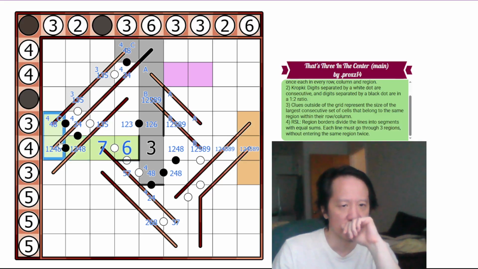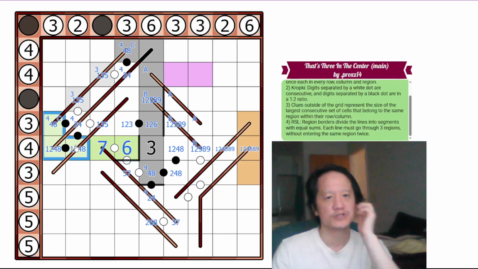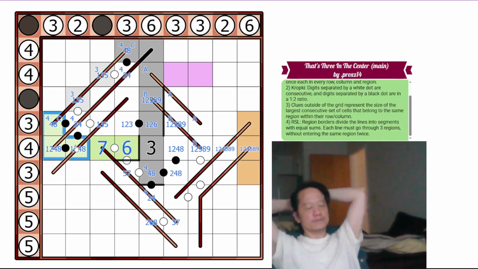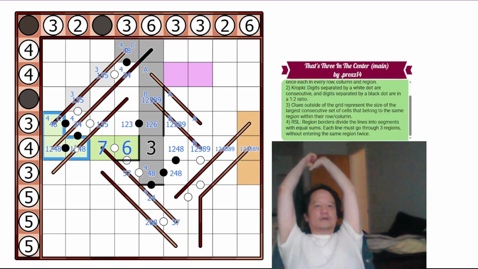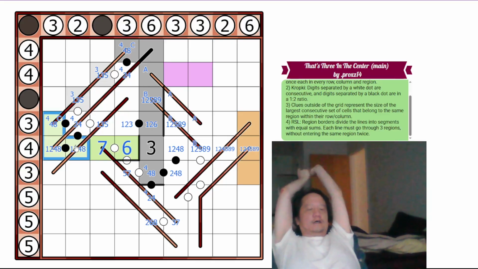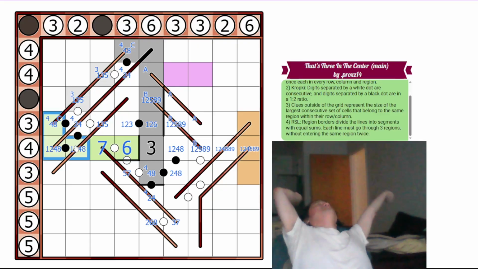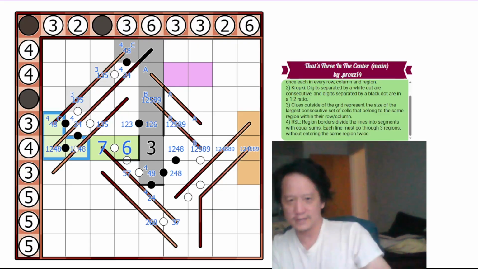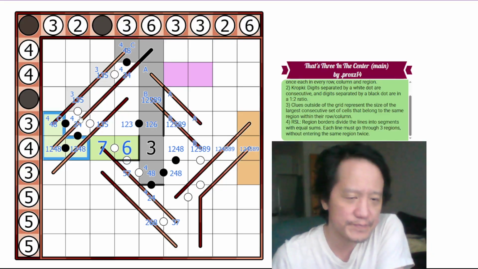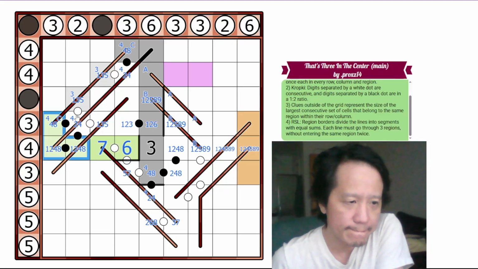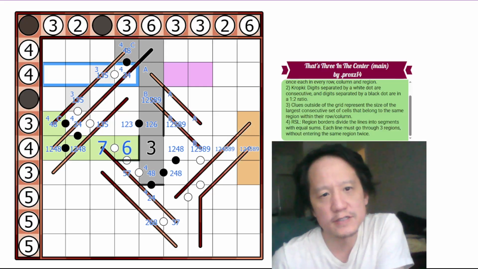The question is, can these be the same region, right? Dang it. Okay, so that doesn't work. Why is this not kosher, I guess, is kind of the question.